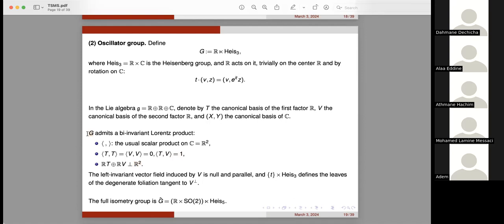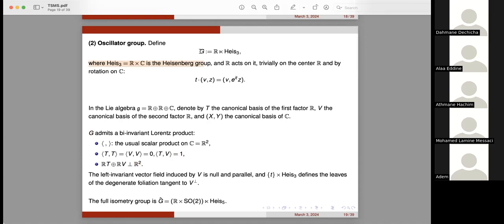And since it's a bi-invariant scalar product, I have J times J, which acts. I have J which acts isometrically both on the left and on the right.